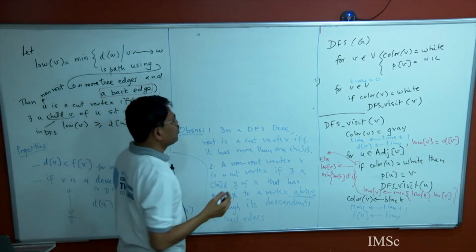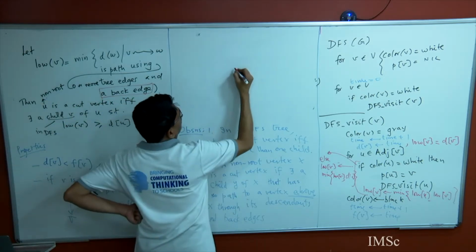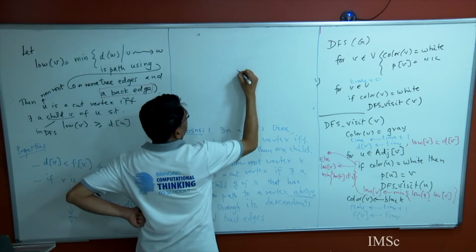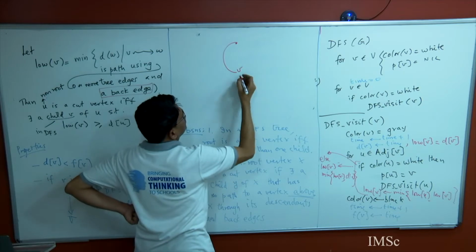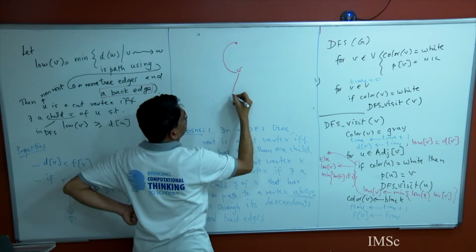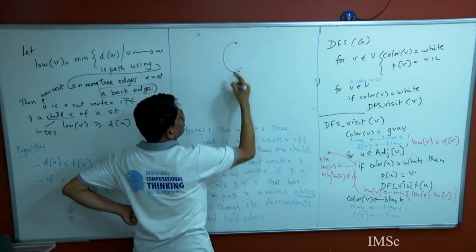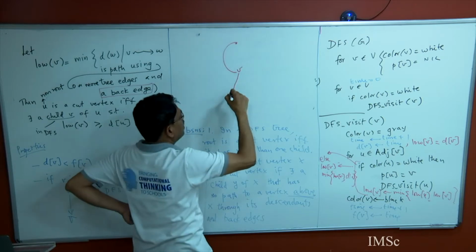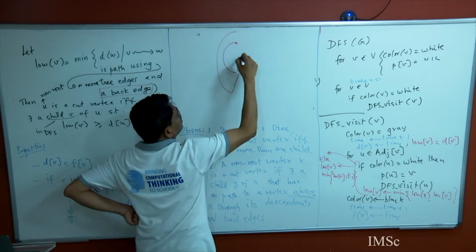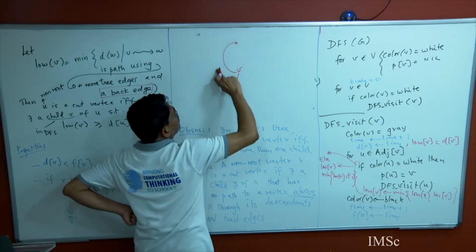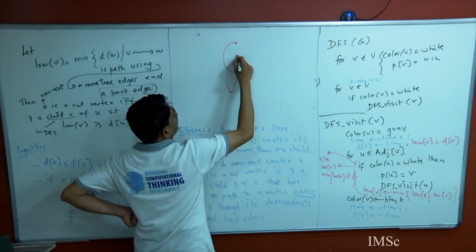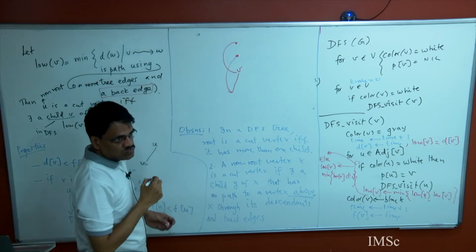So B has a back edge. And somebody from B's descendants also has a back edge. Yes, to where? Above this or below? Above B. Okay. Above V or above this? Just above B. Okay. Right.